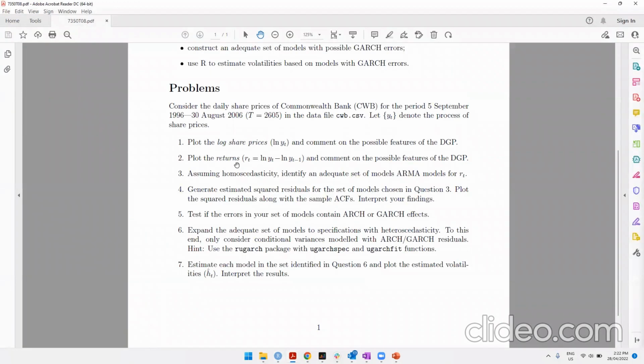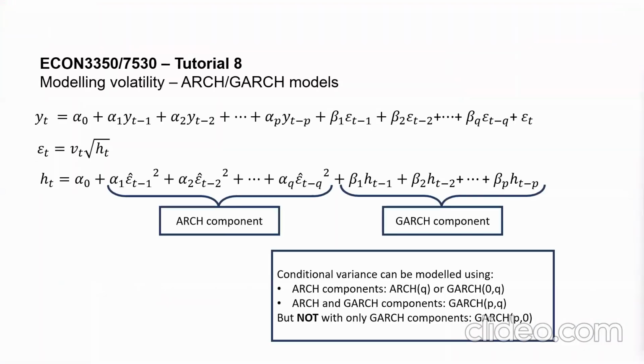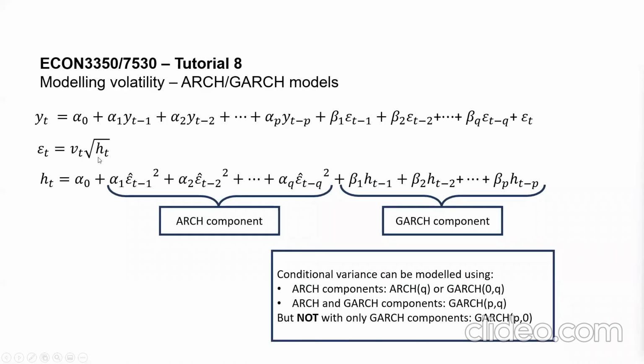Okay, for now, we're just going to push through. Let's not worry about the errors yet. Let's just identify an adequate set of ARMA models, right? Because as you guys remember from the slides that I prepared, we need to model the mean, and then we will model the variance, which pretty much means what are we going to do with the conditional variance, right?